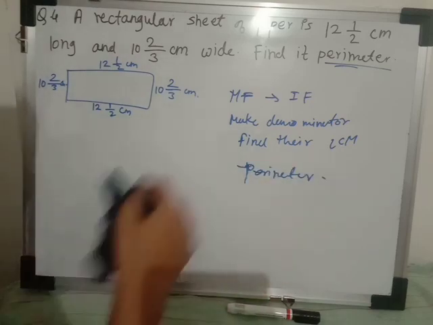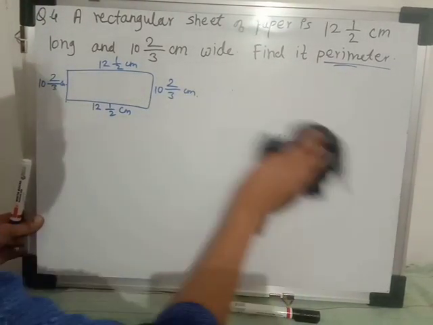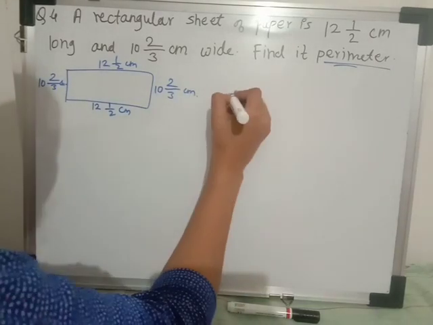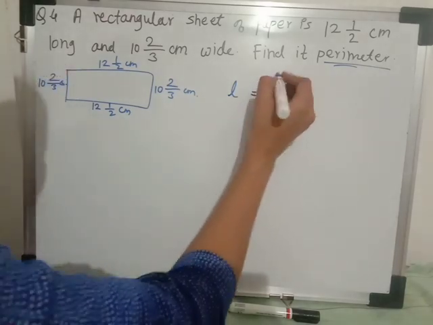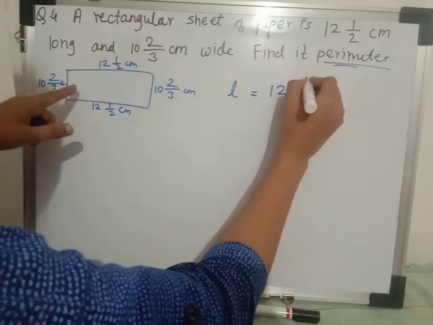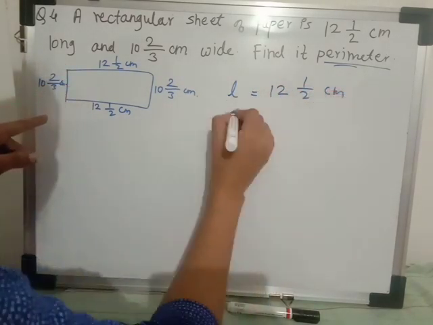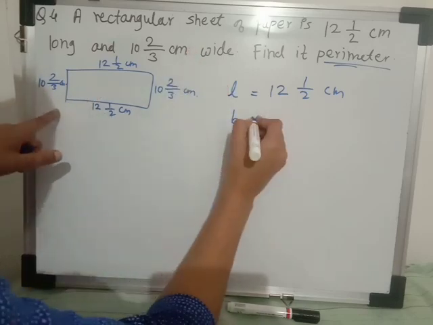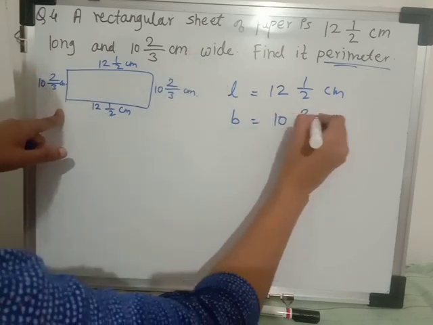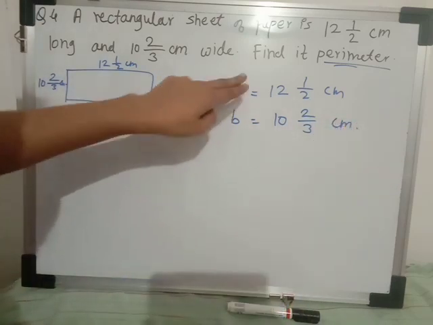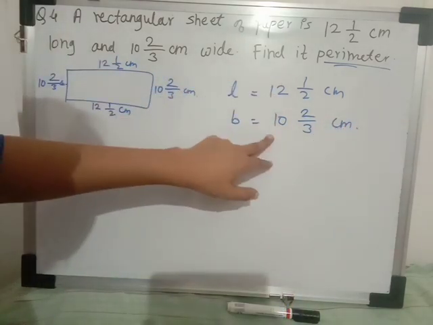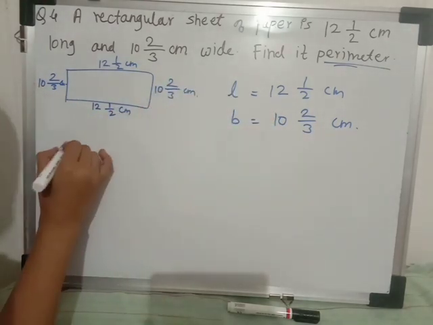So here I'll write L, which represents the length, that is 12 1 upon 2 centimeter, and width means breadth, that is 10 2 upon 3 centimeter. Before doing the addition, we have to convert them into improper fractions.